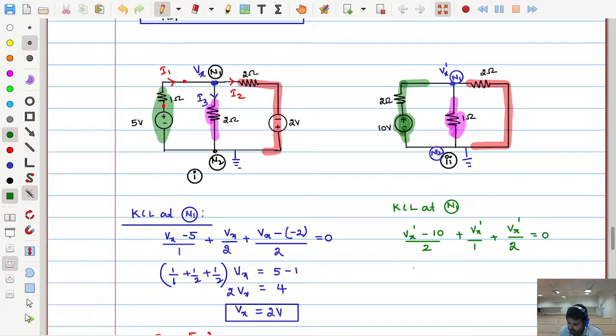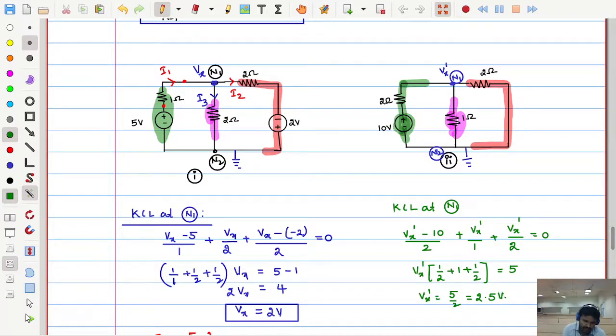So Vx dash times 1 by 2 plus 1 by 2, right? So this gives the 5. So Vx dash is equal to 5 by 2, which is equal to 2.5 volts.